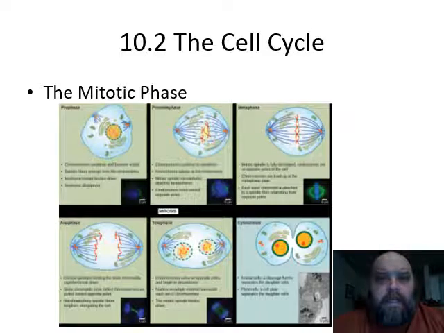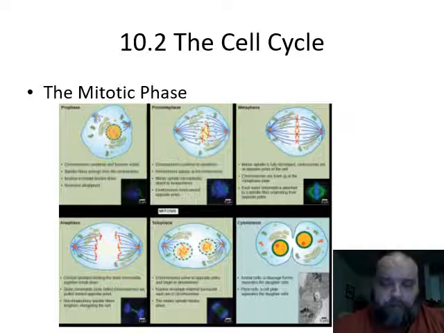So when you look at mitotic phase, you'll notice that there are 5 distinct phases followed by the cytokinesis. Prophase, prometaphase, metaphase, anaphase, telophase.